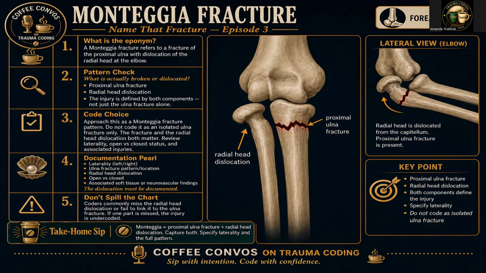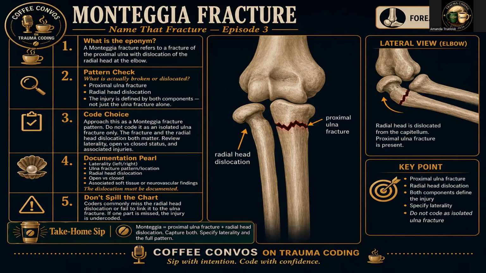So in working through teaching the Monteggia fracture, this should be approached as a combination pattern injury. Why is that, you ask? Because the injury is defined by both components, both the ulna fracture and the radial head dislocation. So your coding mindset here is: do not code the ulna fracture alone and just move on. This is a fracture dislocation pattern.